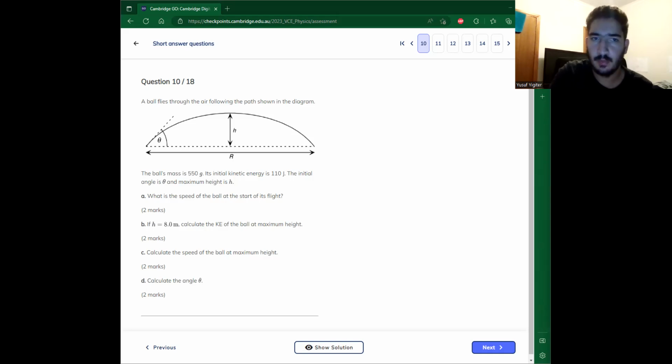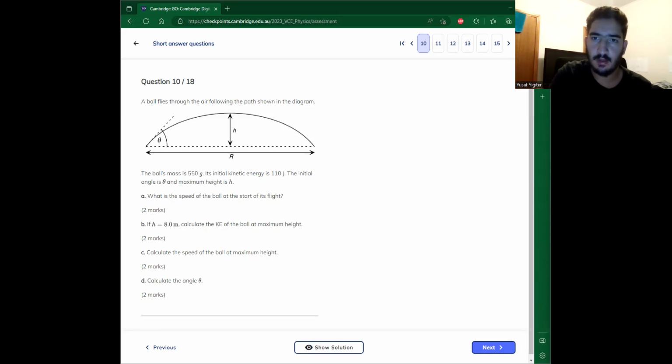All right, so we're given the mass, but this time, listen, m is in kilograms, so it needs to be converted to kilograms. The energy is in joules, that's simple. So we just rearrange and make v the subject.